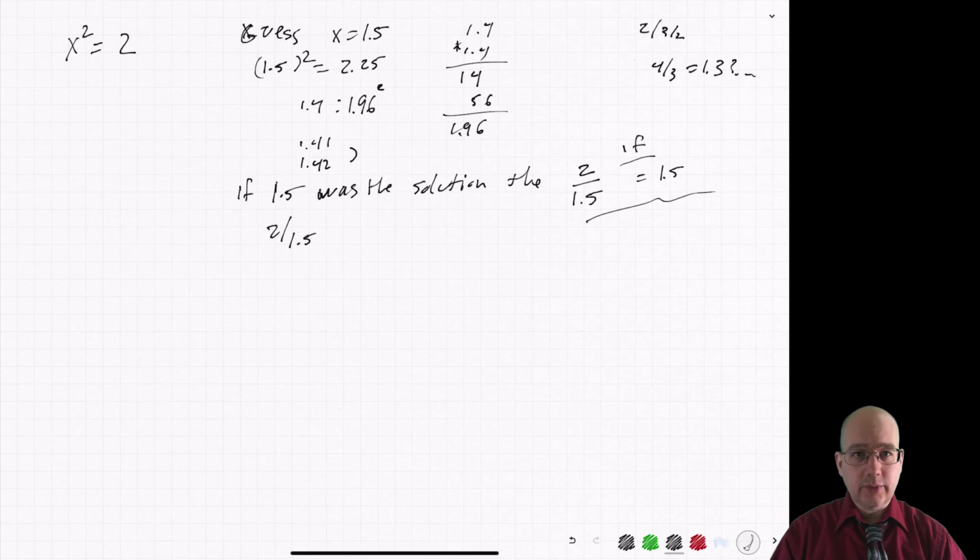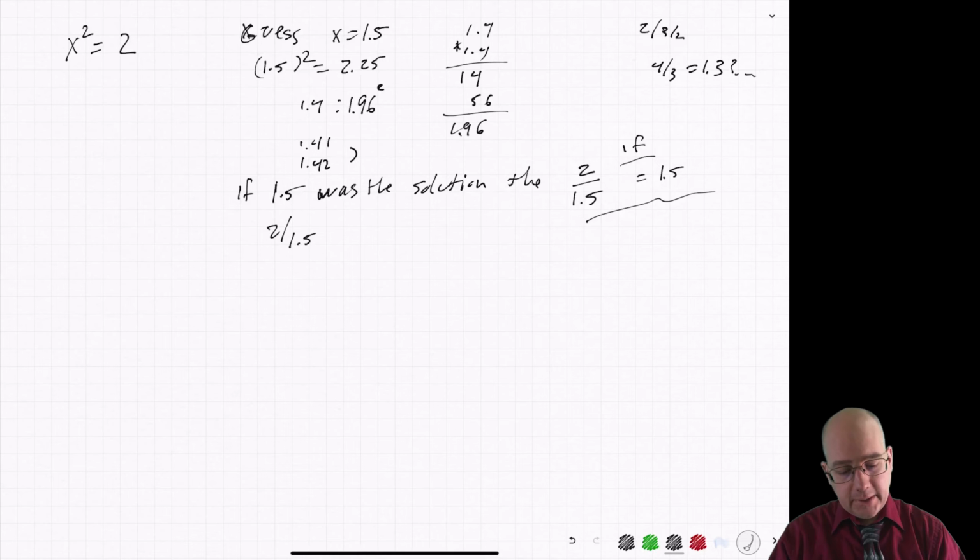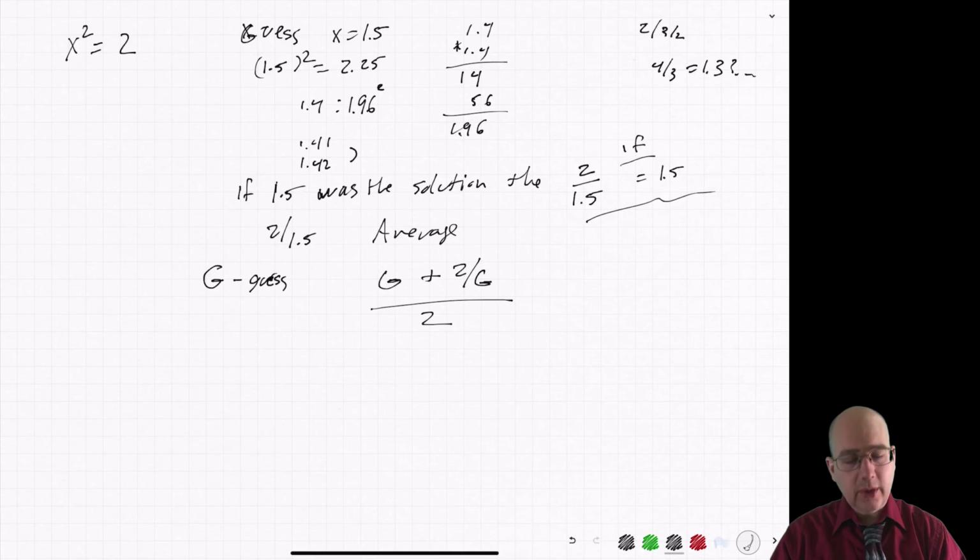Now, this isn't going to give us the right answer either. But, so average our guess. Let's just call G our guess. So we take G, and we add 2 divided by G, and we average those two things. All right, so that's our algorithm.